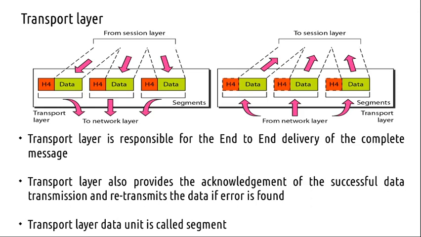It receives packets from the network layer, reads and decapsulates the header, and sends those data units to the session layer at the receiver side. At the sender side, it receives data from the session layer and formats it in the form of segments with the transport layer header, denoted here as H4, and then passes it on to the network layer, which organizes these as packets.